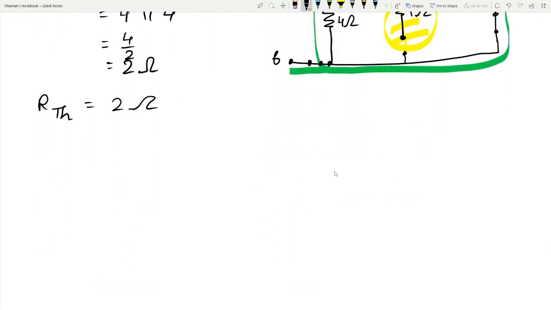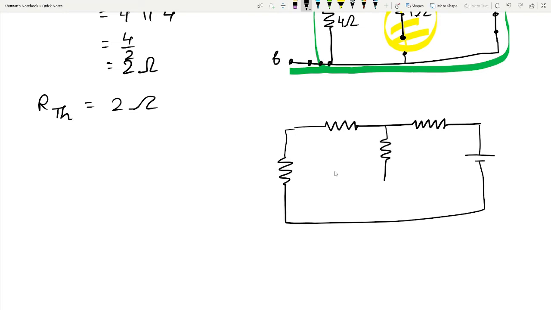So first we need to redraw it. So in order to find out the current flowing through this 4 ohm, we can apply nodal analysis.